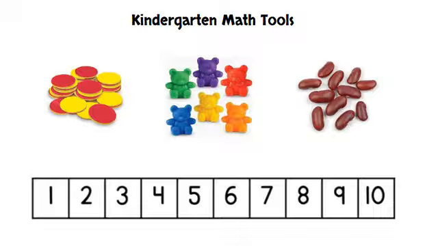At the bottom, we call this in kindergarten a number path. You'll see numbers 1 through 10, where they can use concrete materials or their fingers or a marker to make hops and jumps, which you'll see me do in a minute, in order to add or subtract. And today, of course, we are talking about subtraction strategies.